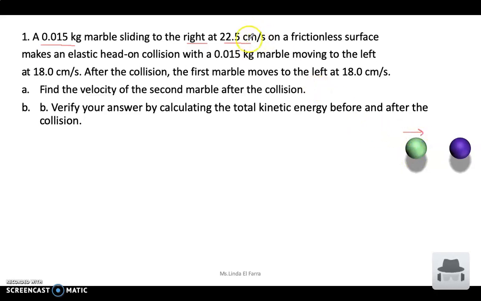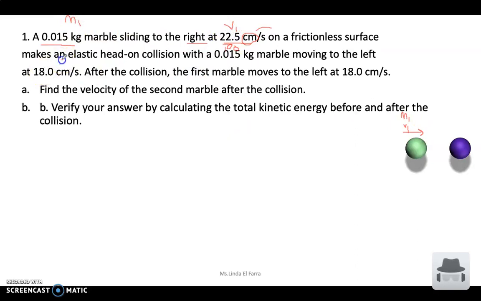So I will write this value. Now I can leave the value as it is, or I have to convert it to SI unit. So I have to convert from centimeter to meter. From centimeter to meter, I divide by what? I have to divide this value by 100. So this is the velocity of the first object. I'll give it the symbol 1, so it has M1 and V1. This one is M1, the first object, and this one is V1, the first object, and it is positive.